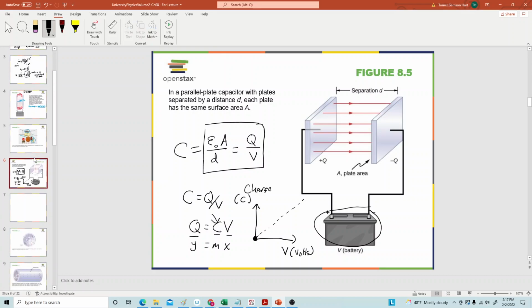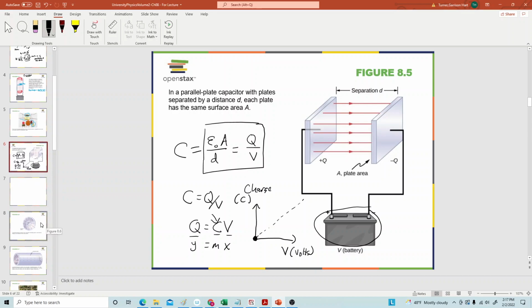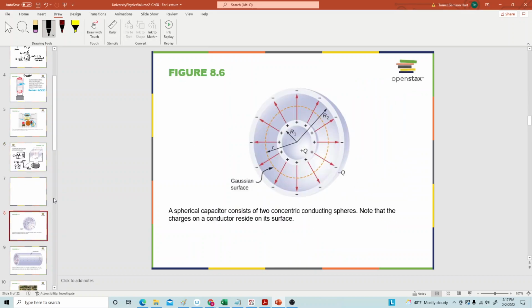So, with all of that in mind, there are a few other shapes of capacitor that you can conceivably build. One of the more popular from a higher theoretical point of view, because there are some really interesting things that happen here, would be the double shell capacitor or the spherical capacitor. You have two conducting spheres, and one sphere is suspended inside the second sphere.